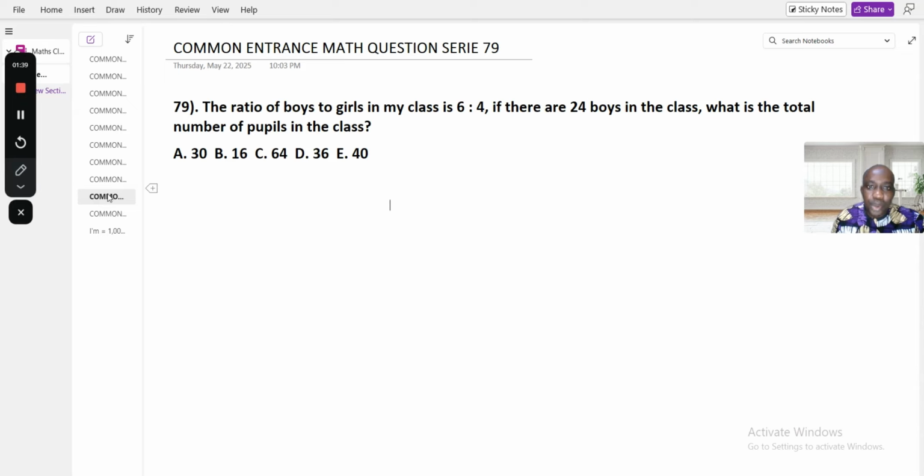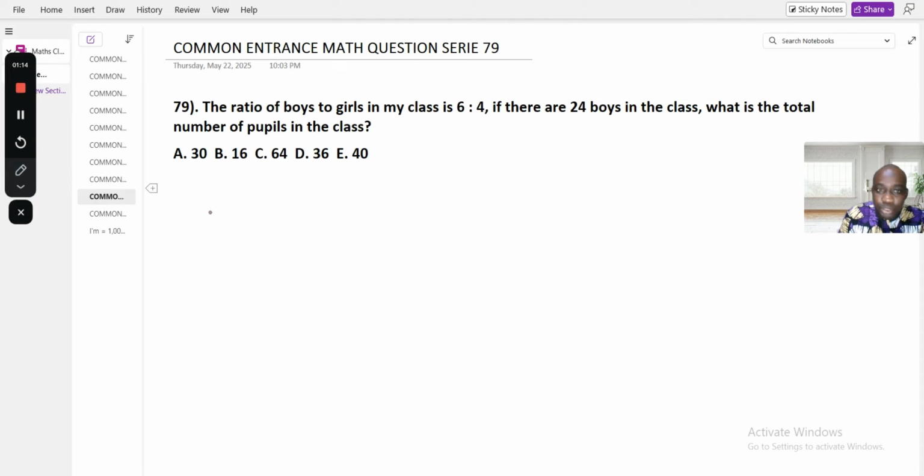The ratio of boys to girls in my class is 6:4. If there are 24 boys in the class, what is the total number of pupils in the class? Now they are not asking about the girls. They are asking about the total number in the class. Now the ratio of boys to girls is what?